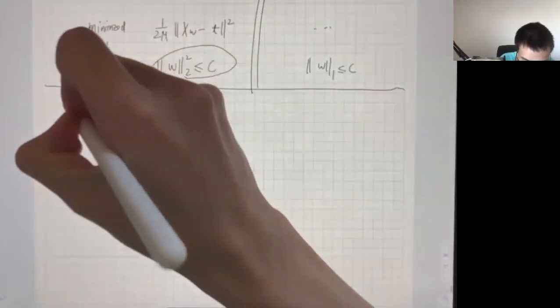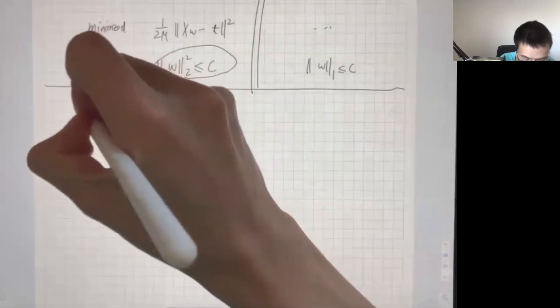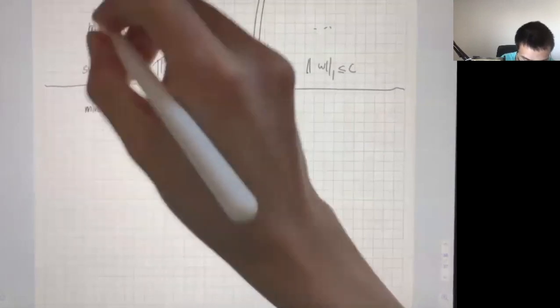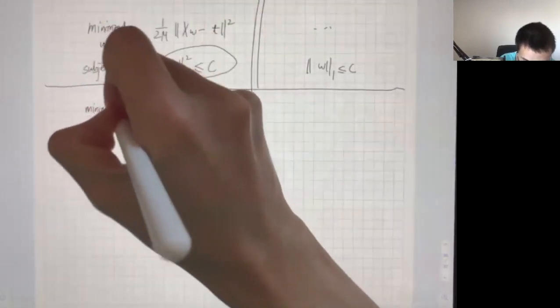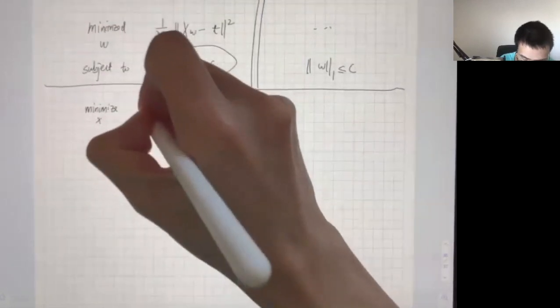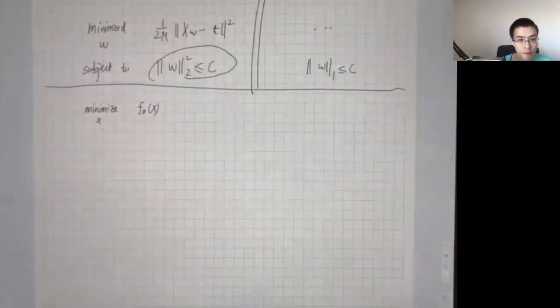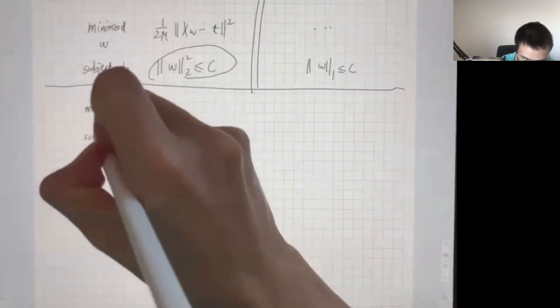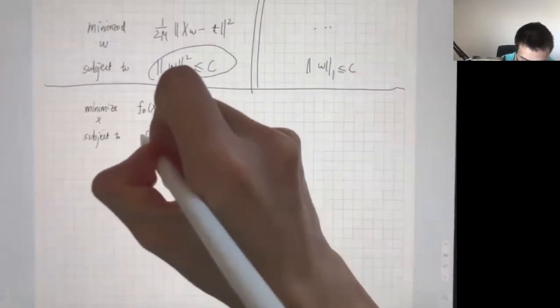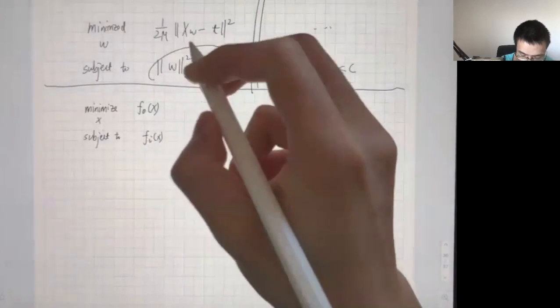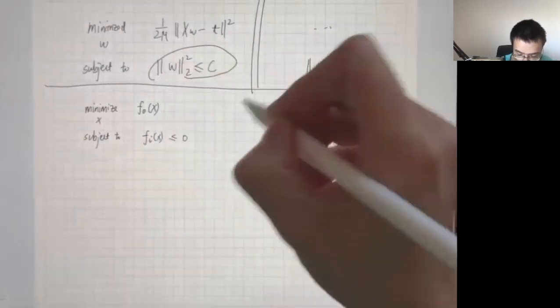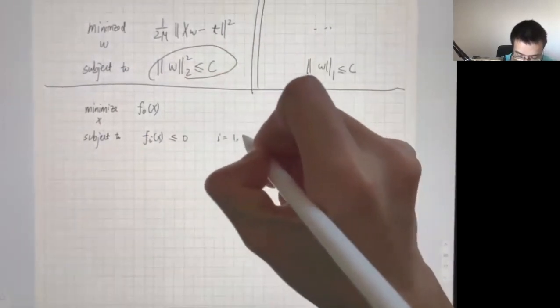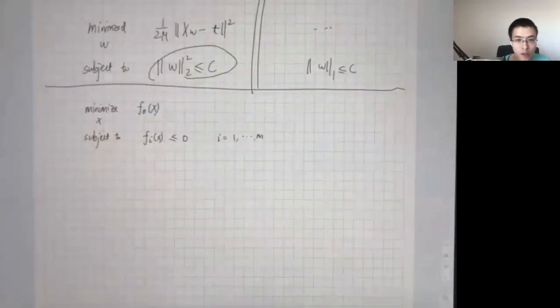So let's think of a constrained optimization problem, which is minimize over x, f0 of x, subject to fi of x less than or equal to 0 for i from 1 to m. I have m constraints.